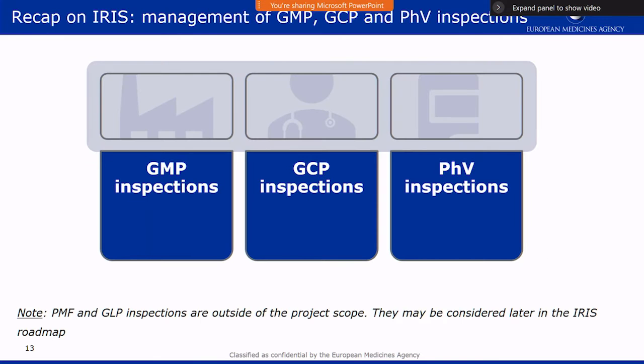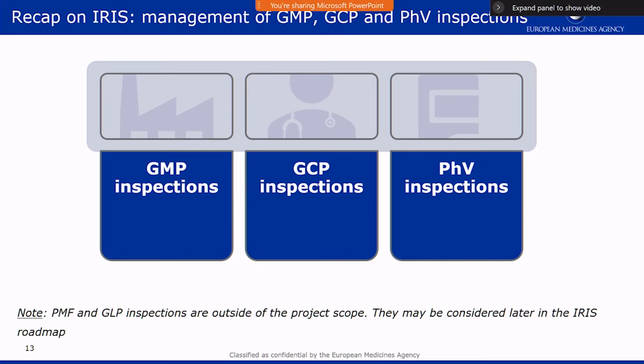So when we talk about inspections in IRIS and the onboarding of inspections in IRIS, which kinds of inspections are we really talking about? I think it's important that we repeat what is really the scope of this project. We are talking about 3 types of inspections, and these are GMP, GCP, and pharmacovigilance inspections.